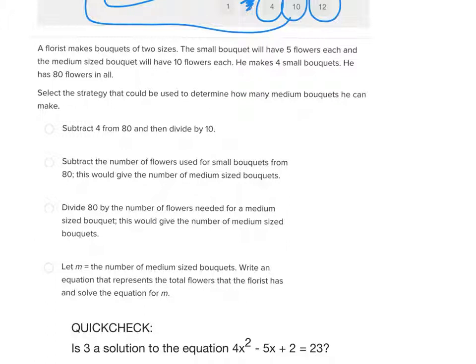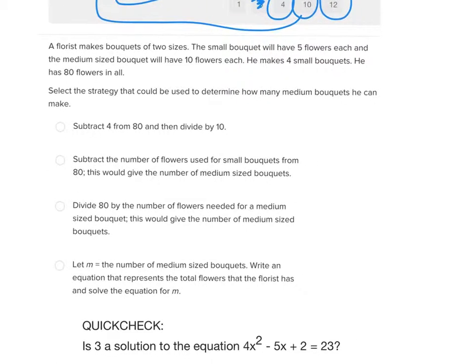Okay, so I'm not going to look at the answers yet. I'm going to just jot some things down. So the small bouquet will have 5 flowers each. The medium size will have 10 flowers each. He makes 4 small bouquets. So that's 4 times 5.